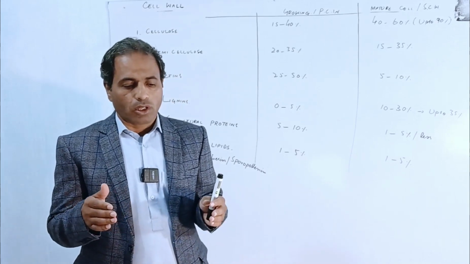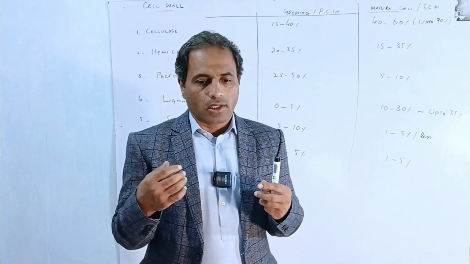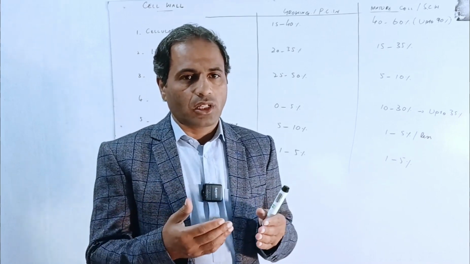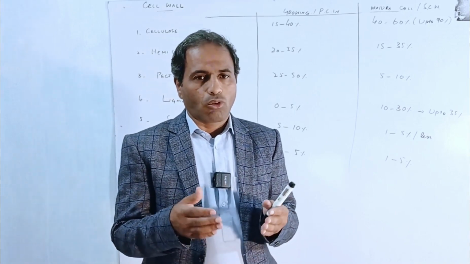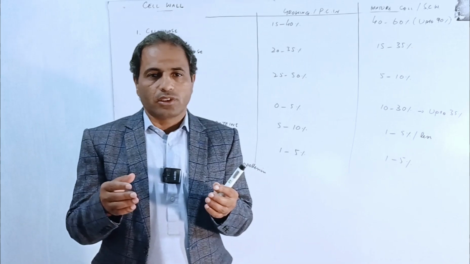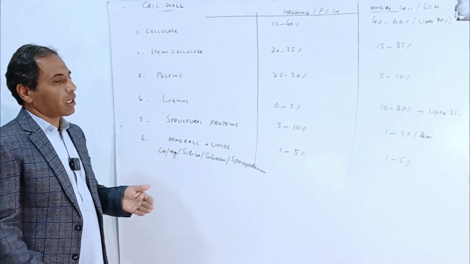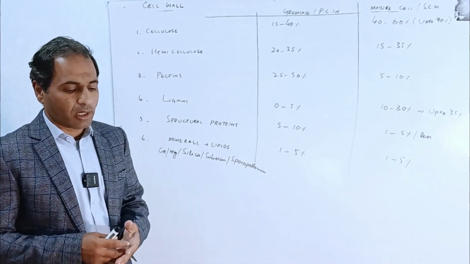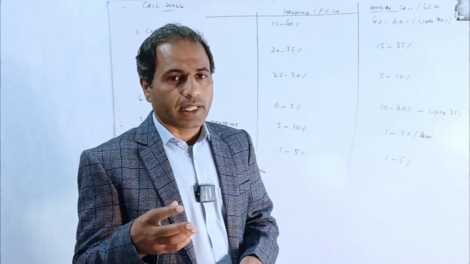Or, if you try to compare the cell wall of algae with the bacteria and that of the fungi and plants, all of them are considerably varied in their chemical constituents. But here we'll just try to look into the chemical composition of the primary and secondary cell wall.